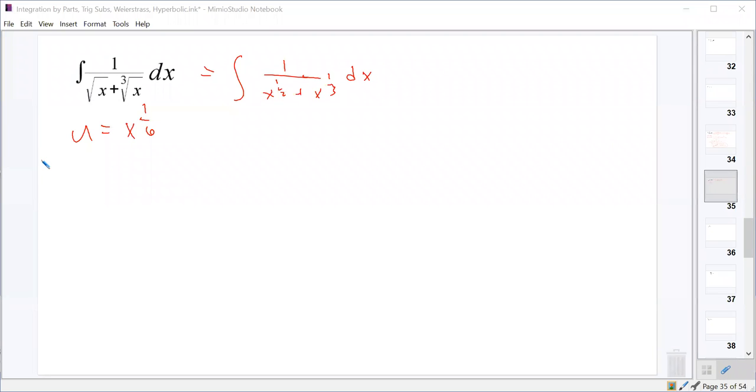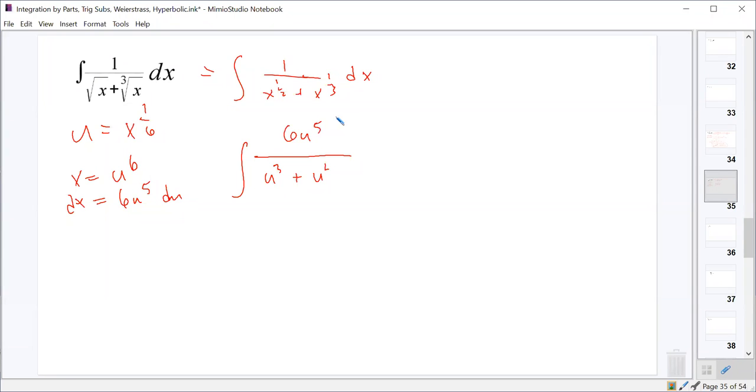So yes, if u is x to the 1/6, then x to the 1/2 is u cubed. And x to the 1/3 ought to be u squared, right? But what about this dx? I need to figure out what dx is. Well, couldn't I say that x is equal to u to the 6th if I raise both sides to the 6th power? Then I could take the derivative. dx should be 6u to the 5th du. So I can replace my dx with 6u to the 5th du. Everybody good with that or no?